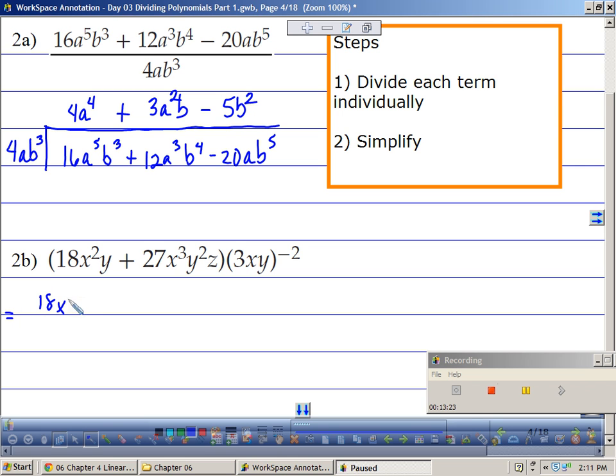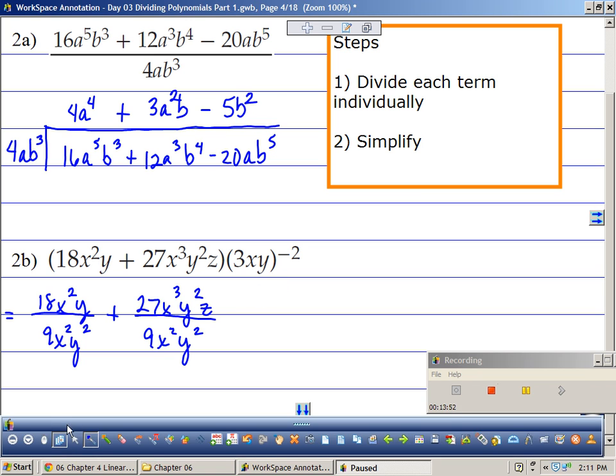So 18x squared y divided by 9x squared y squared, plus 27x cubed y squared z divided by 9x squared y squared, because it does not say in the denominator 2 times.